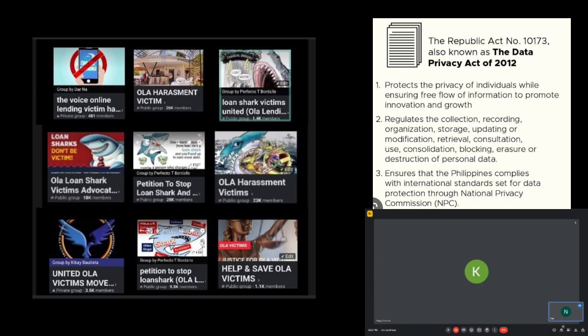So parang nakuha lang siya unlawfully, so we have the right to suspend it, to withdraw it, or to order the blocking of it. Okay? Or if it's no longer necessary for the purpose for which they were collected. So, for example, wala ka na dun sa system nila, or wala nang purpose kung bakit nag-submit ka noon ng information mo, you have the right to suspend it or withdraw it.